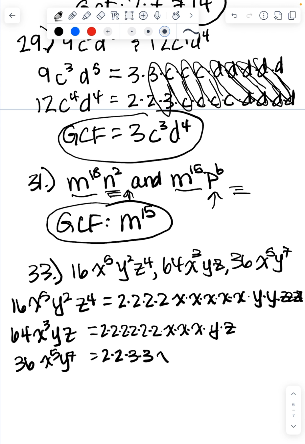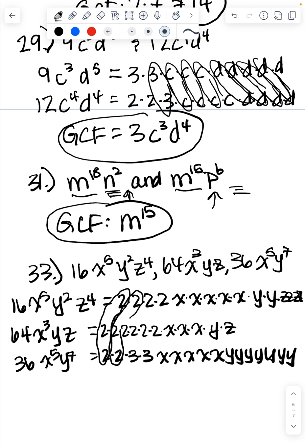And then we have x, x, x, x, x, and 7 y's. Okay, so maybe after all of this one, you'll be able to see it's pretty valuable to do the prime factorization of the number part.